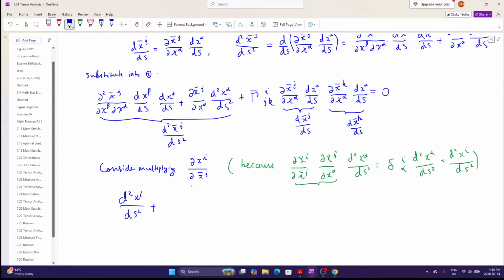We can do that by factoring out just dx alpha over ds, dx beta over ds, with this second order term, the second order derivative, just right here, multiplied by this thing, multiplied by this thing.